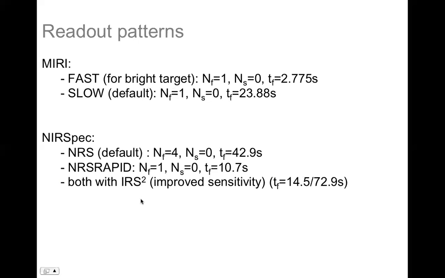Both readout modes can be combined with IRS squared, improved resolution, sensitivity, and sampling mode. This mode is recommended if you have a very faint, fuzzy target on a very low background, and it will provide better sensitivity for your observations.